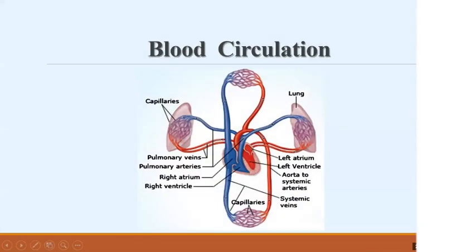Now we're going to talk about blood circulation. You see in this diagram, most of the blood goes to an organ in arteries, and then the oxygen and nutrients are drawn out in the capillaries, and then there are the veins which flow back to the heart. But the lungs are different.